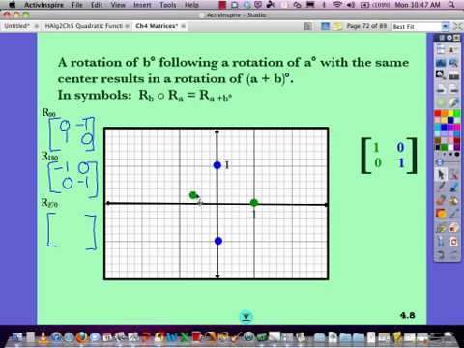Again, take our points back to where they started so you can visualize. Here we go. The point 1, 0 travels 90, 180, 270, and lands right there. Again, this point travels 90, 180, 270, and it travels there. So look and see where we're at. The point 1, 0 became the point 0, -1.